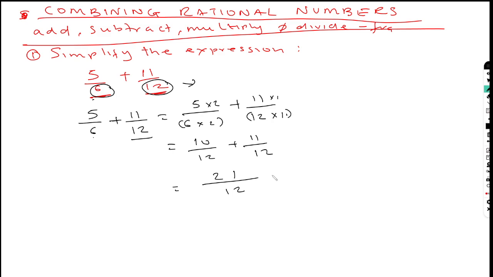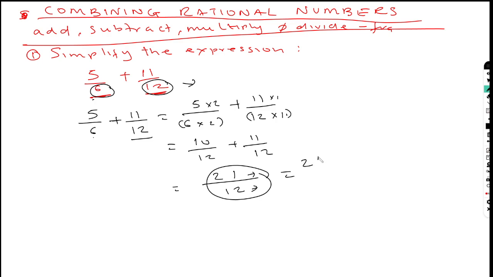In short, remember I was telling you about reducing them. We have to reduce this one now. So we have to divide. What is the common number dividing 12 and 21? That will be 3.